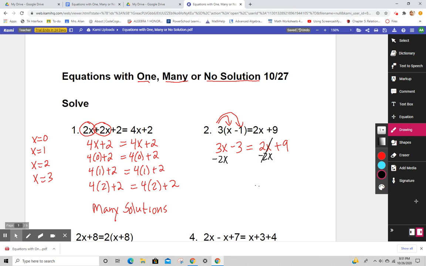So this is gone. This will give us 1x minus 3 equals 9. Add 3 to both sides. x equals 12. So this one gives us one solution.